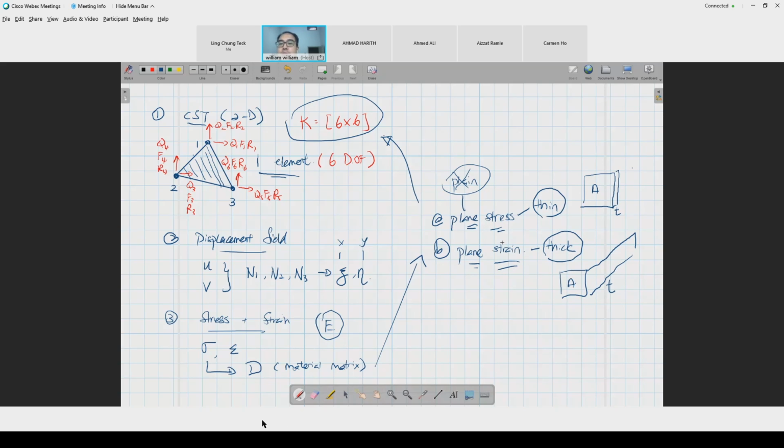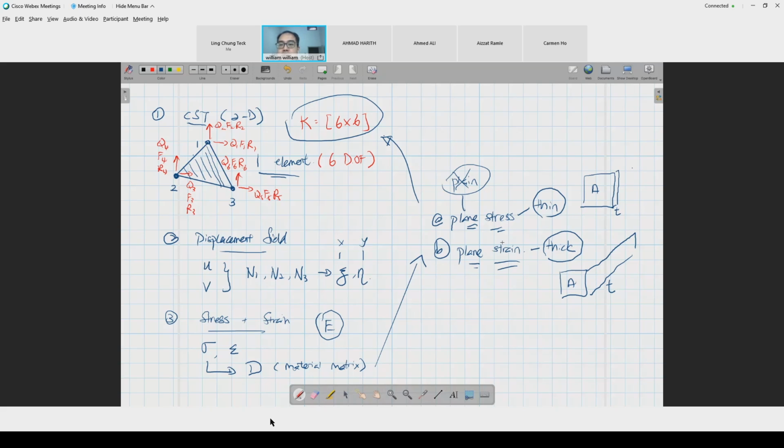For this question, if it's the same size, plane stress and plane strain assumptions will actually give you a less accurate answer.